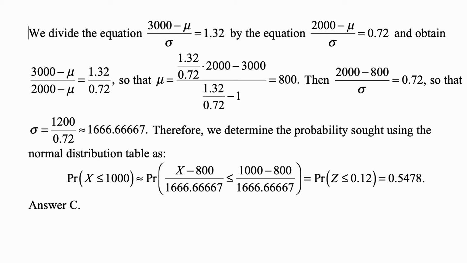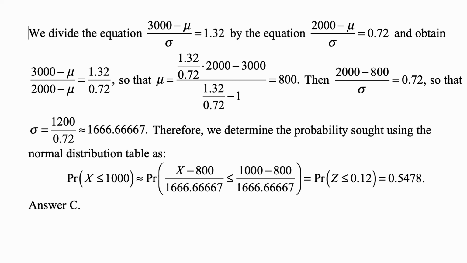Then we know that (2,000 minus 800) over sigma is 0.72, so that sigma is equal to 1,200 divided by 0.72, which is approximately 1,666.66667. Of course, this is an infinite decimal with only sixes.